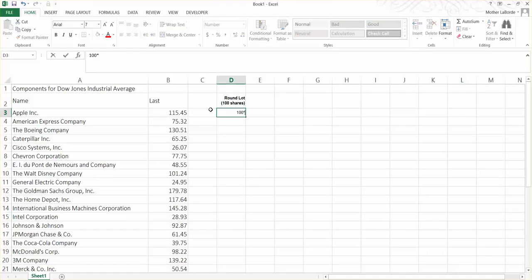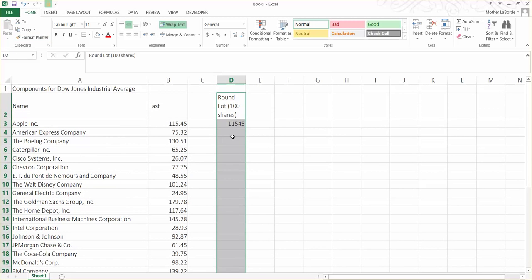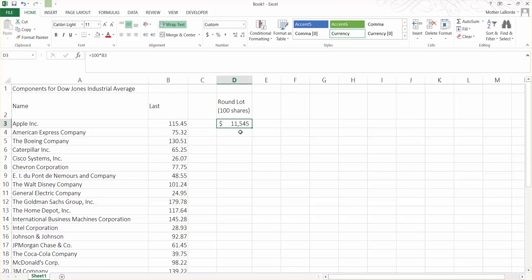So to calculate the amount of money I'd have to spend if I bought a round lot of Apple, I'd take 100 shares times the price per share of 115, so $11,545, and I'm just going to make that a little bit bigger so hopefully you can see it a little better. And I'm just going to format as a dollar amount.